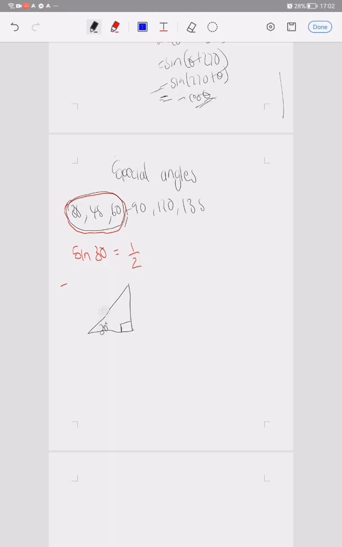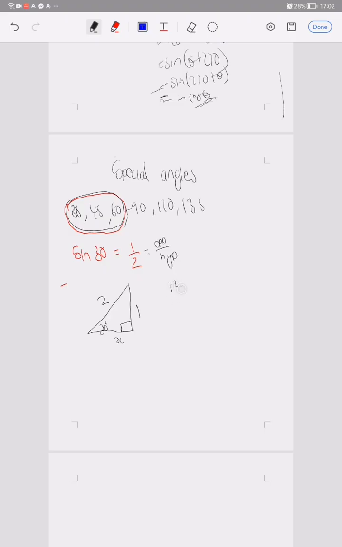The sine of 30 is 1 over 2, which is the same as opposite over hypotenuse, which means my opposite is 1 and my hypotenuse is 2. So I write 1 here and 2 here, which means I'm left with what? An x. Remember, using the triangle method.